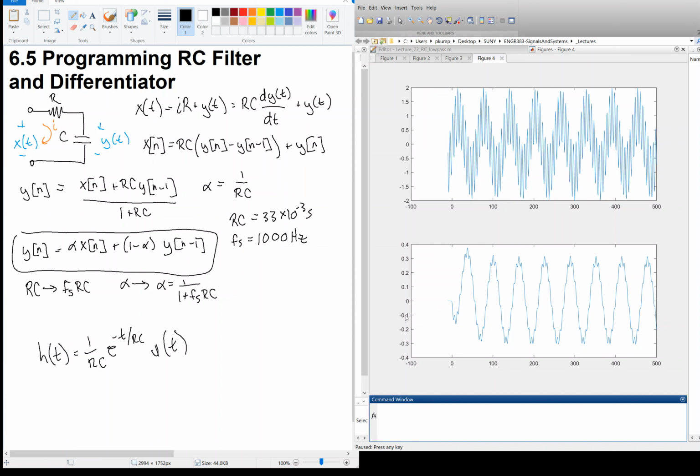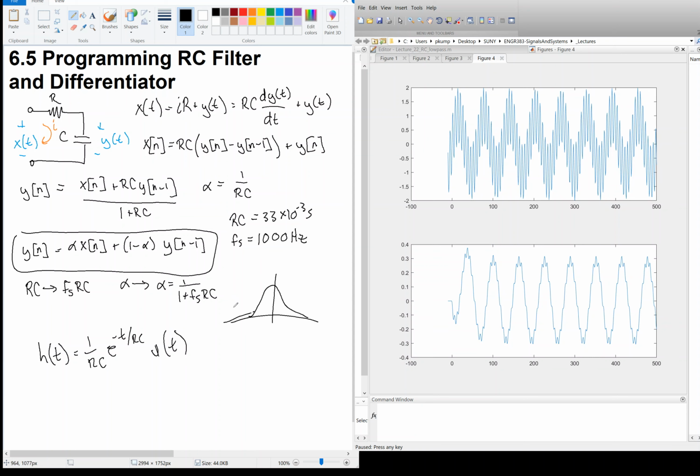Also, notice the amplitude has gone down. And the reason the amplitude has gone down is that our low-pass filter looked like this, and this was 1. So even the 100 hertz signal is getting attenuated by something, right? It's just that it's getting attenuated a lot less than the 1000 hertz. So if this is 1K, this is 100.